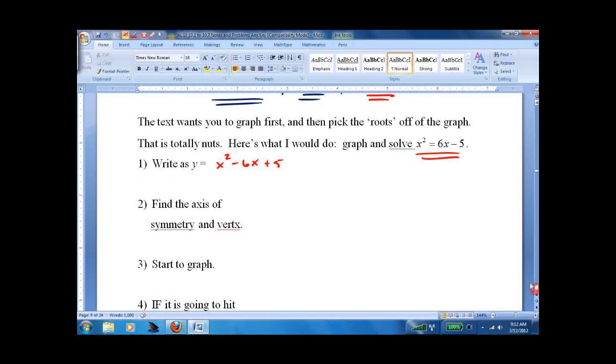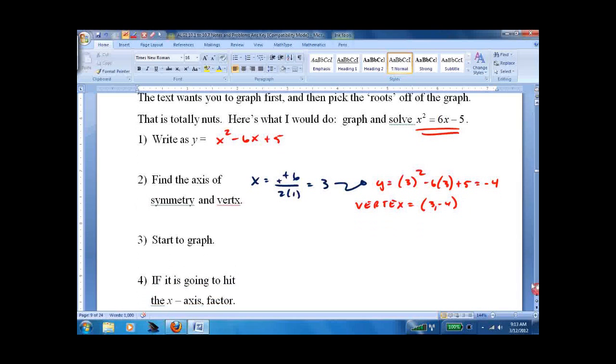Find the axis of symmetry and vertex. Plug it back in. Start to graph it.